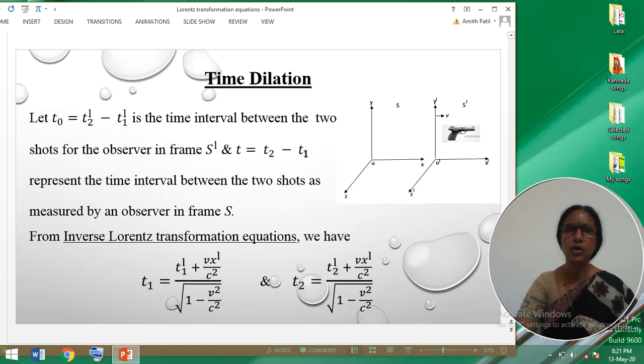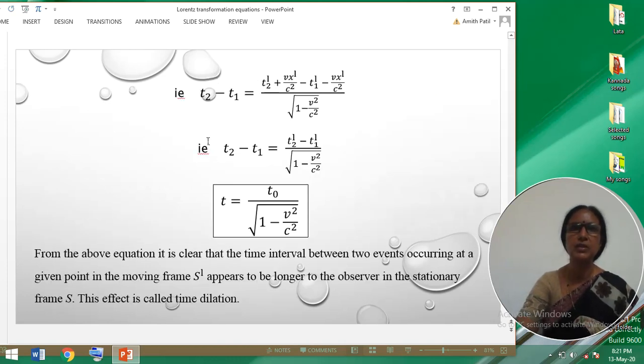Write down the coordinate of t1 as this and t2 as this, then subtract one from the other and cancel the quantities which cancel. The equation becomes t2 minus t1 is equal to t2' minus t1' by root of 1 minus v square by c square.